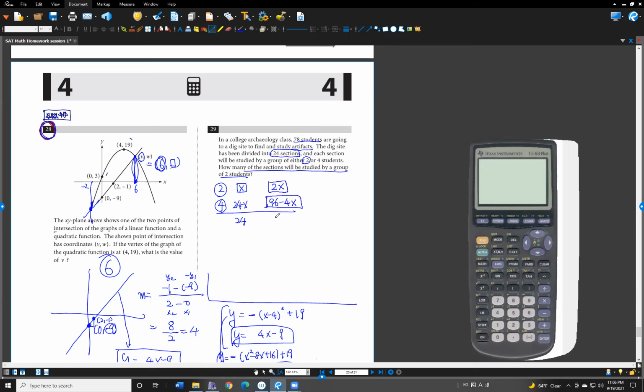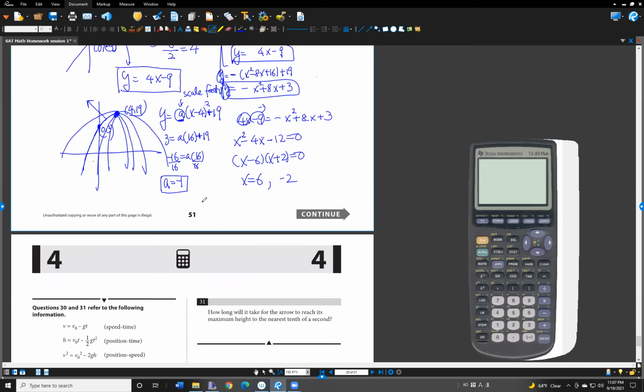This total should equal 78. So 2x minus 4x is negative 2x, plus 96 equals 78. Negative 2x equals negative 18, so divide by negative 2: x is 9. The two-person sections number 9, that's the answer. That is number 29.